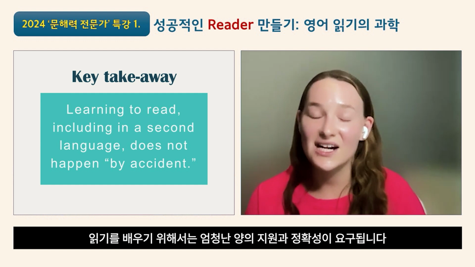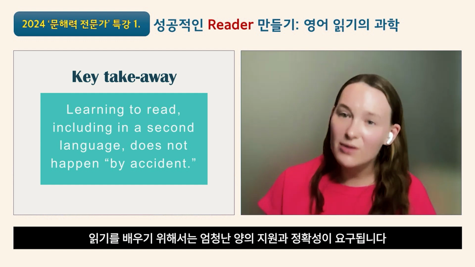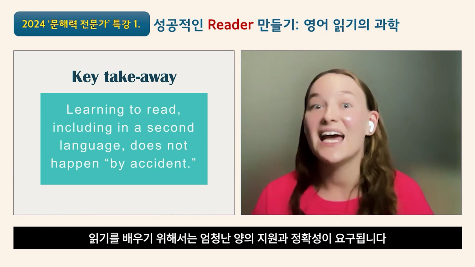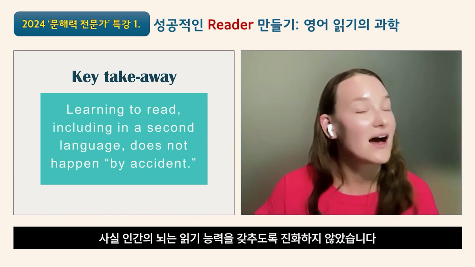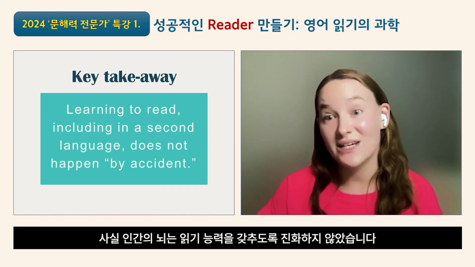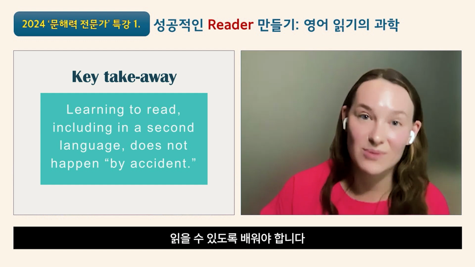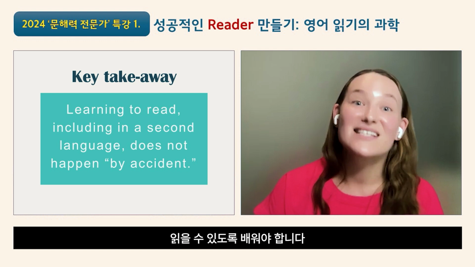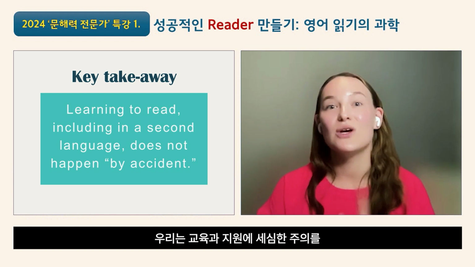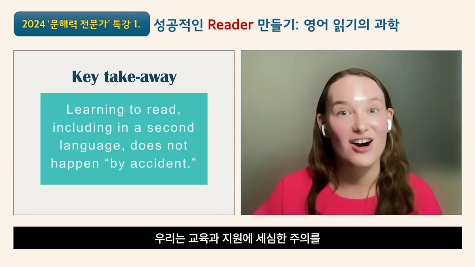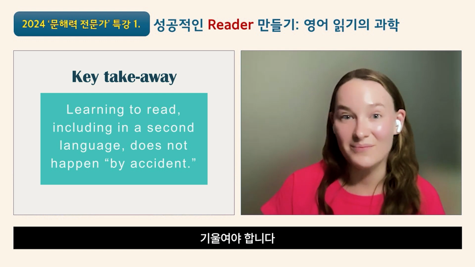Learning to read actually requires an incredible amount of support and precision. Indeed, the human brain did not evolve to be able to read. It is taught to be able to read. So when we are thinking about helping our young children become readers, we need to bring care to our instruction and support as well.